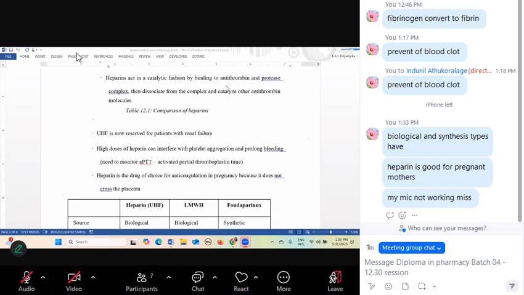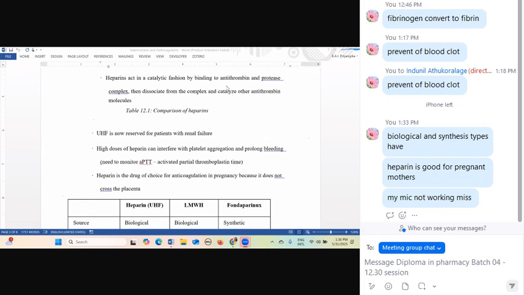Fondaparinux, right? Okay, what else about heparin? Heparin can be used in pregnant mothers if required because it does not cross the placenta. What else? The antidote for heparin is protamine sulfate. Yes, the antidote for heparin is protamine sulfate.